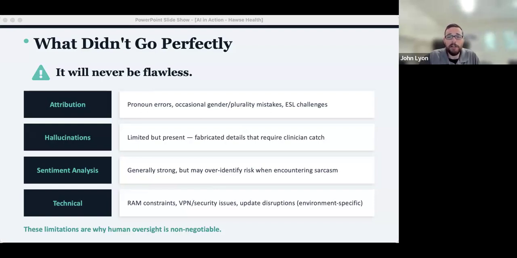And some ESL challenges. I saw a question about people who had English as a secondary language or a tertiary or not their primary language. And it's fairly good. The software that we use allows you to select what languages are being spoken.